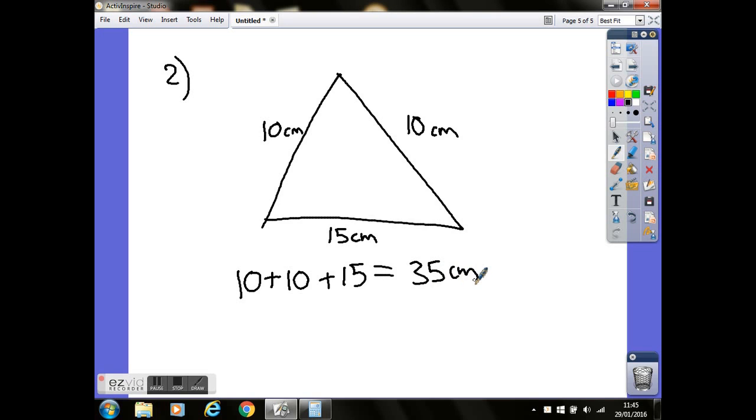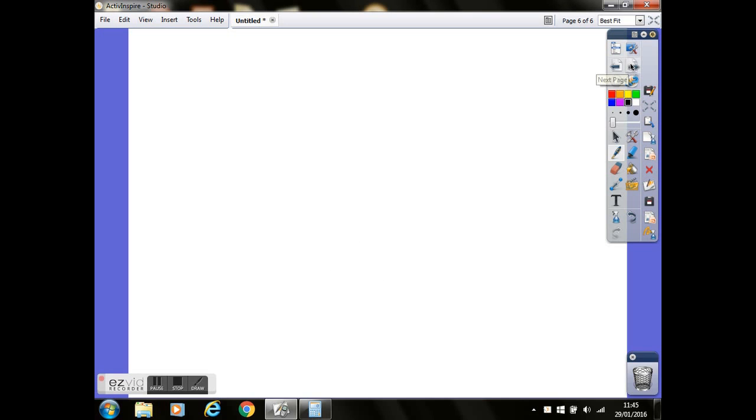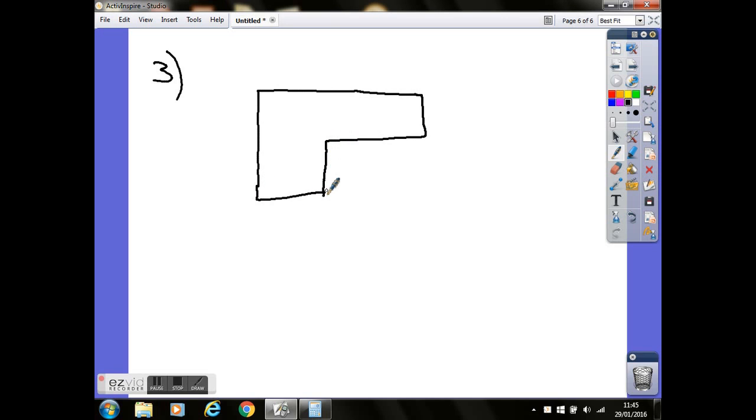The final one we're going to look at is more of an irregular shape. So we'll draw an L shape to look at this. We'll actually start where we've got a couple of the sides missing. So on the top we'll have 25 centimeters. Along the left hand side we'll have 18 centimeters.